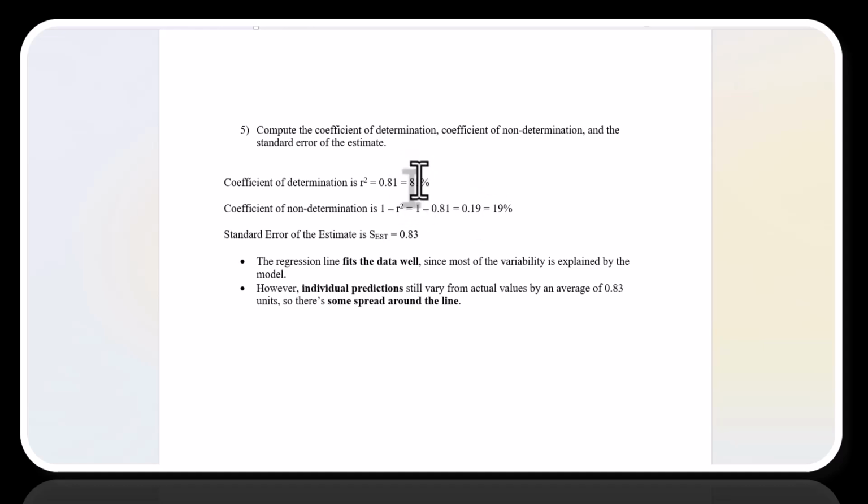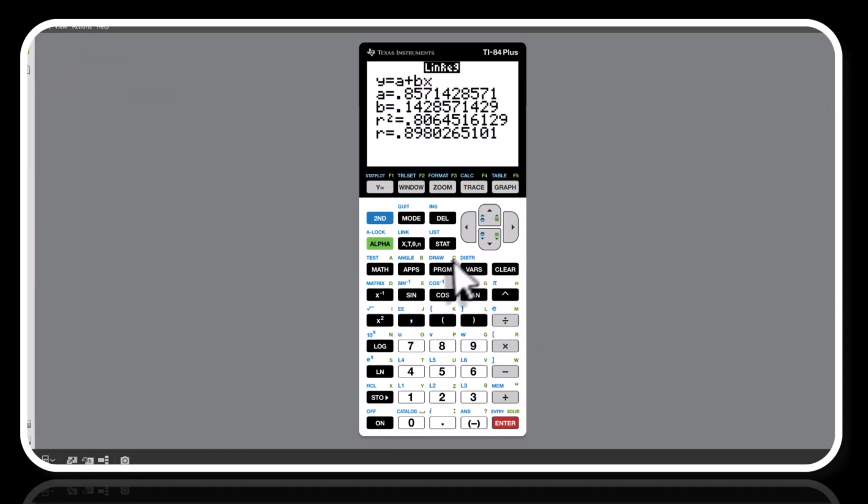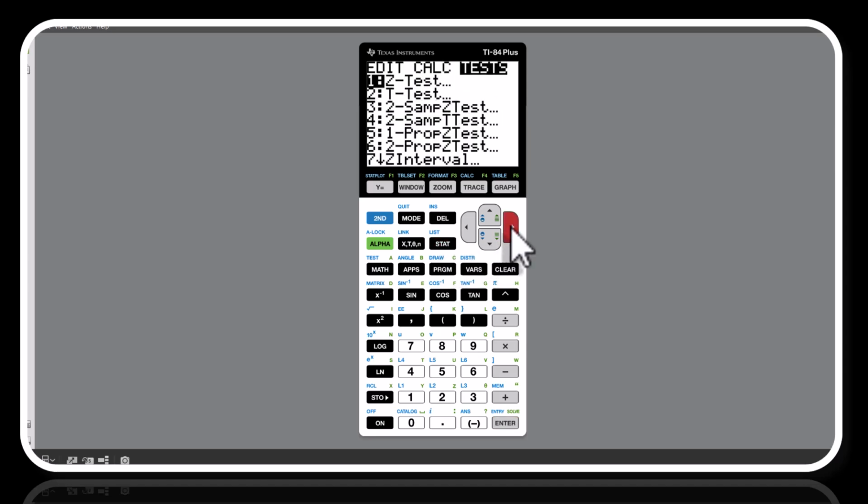Finally, we want to calculate the standard error of the estimate. We can do this using the graphing calculator, but we have to use a different function. So what we do in this case is we press stat, we go to test, and we have to go down to the function at level F. It's called the linear regression t-test.